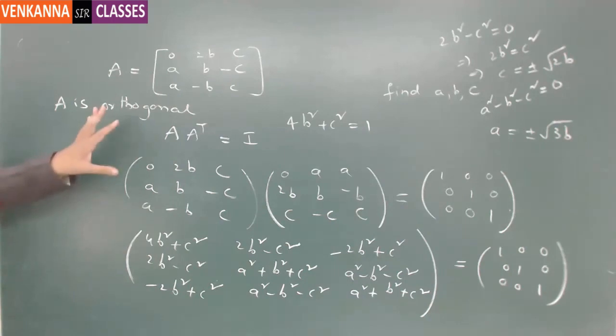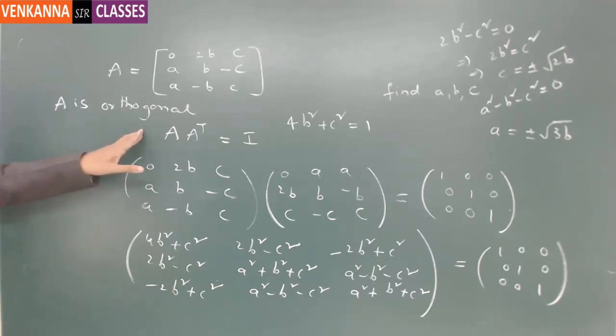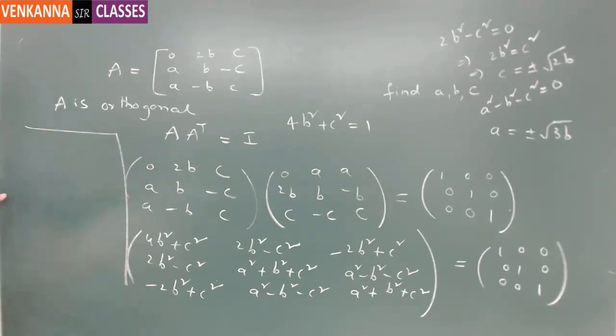I think simplification is easy for you. I can skip that part. Is it required by you? So at the end, on simplification, you will get the values as a is equal to plus or minus 1 by root 2, b is equal to plus or minus 1 by root 6, and c is equal to plus or minus 1 by root 3.